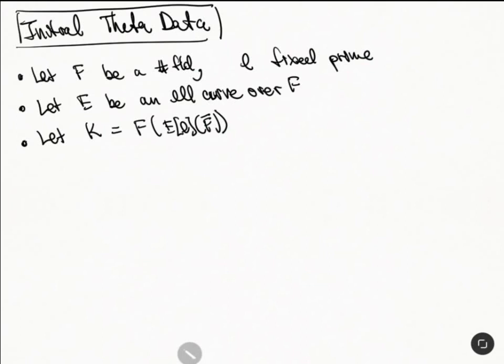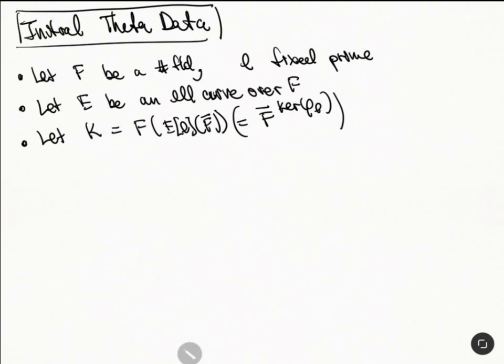Okay, and this is also going to be equal to F bar, and then we'll take the kernel of rho_L. So this is an alternative description.